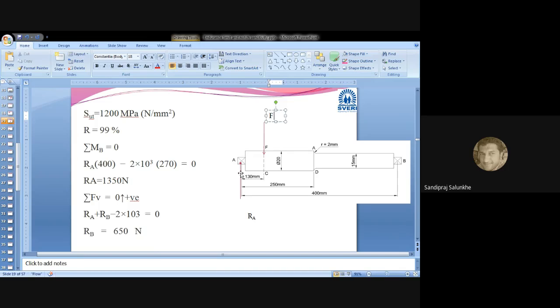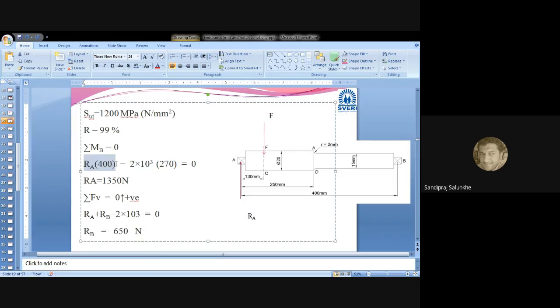So RA multiplied by 400 is written with a minus, because it is in the opposite direction; we consider clockwise as positive and anti-clockwise as negative. The moment created by RA is positive, and 2 into 10 raised to 3, converting kilonewton into Newton, is multiplied by its distance.